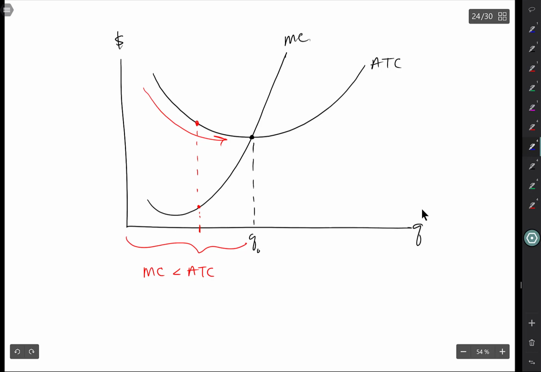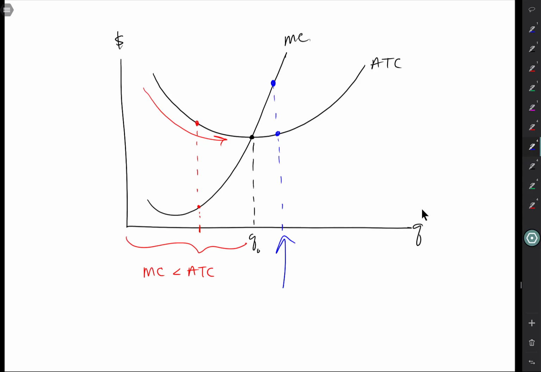If you are to the right, somewhere over here, think of this blue marginal unit, the 102nd unit, let's pretend. For that one, the average cost is here. And at the margin, it costs you more to make it than it's been costing you. Let's say it's been costing you on average $17, and this next marginal one, the blue unit there, costs you $25 to make.